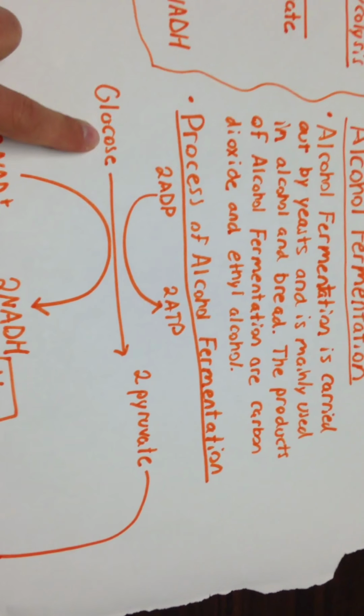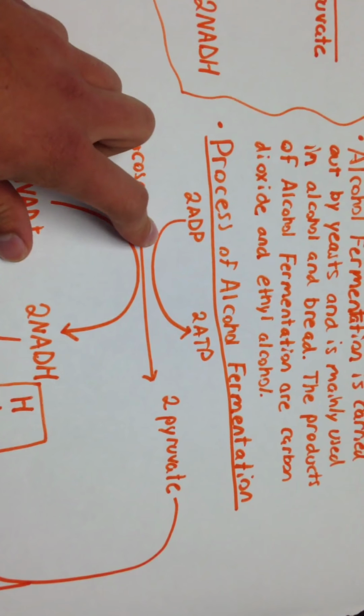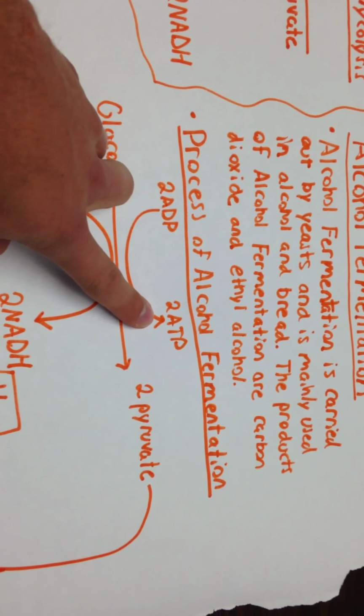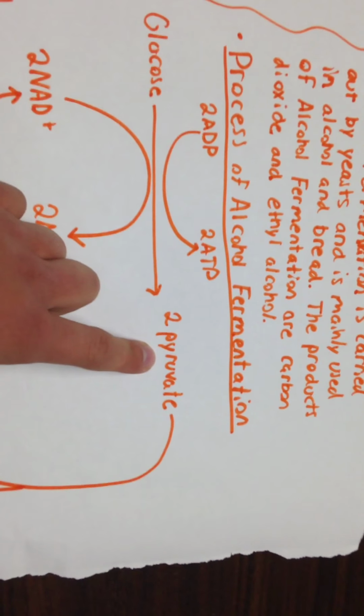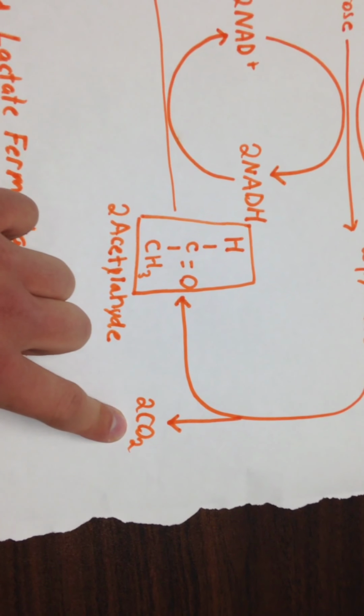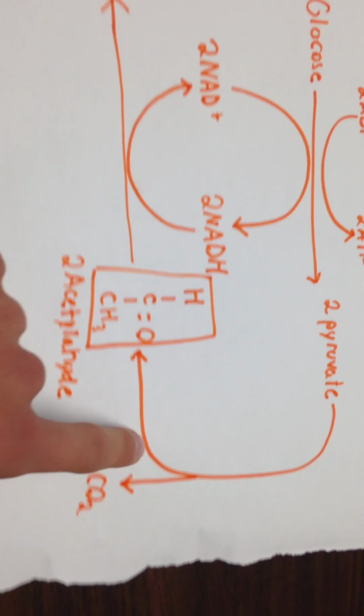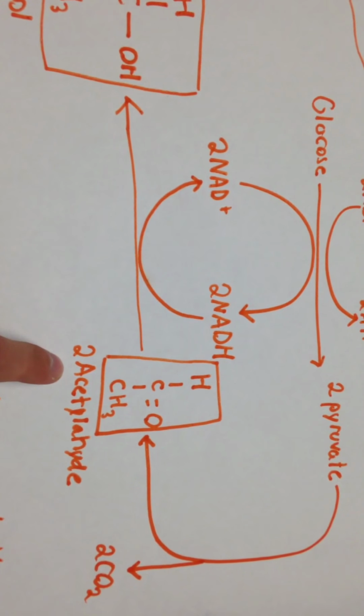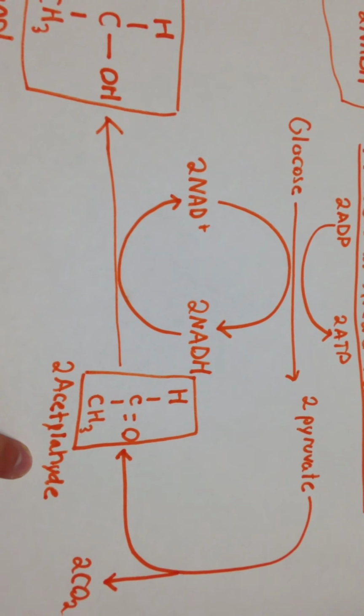Basically, you just have glucose, and you add in the 2 ADP to make 2 ATP, and then it makes 2 pyruvate. Now we move down here, and carbon dioxide is released, and then it moves to make acetaldehyde.